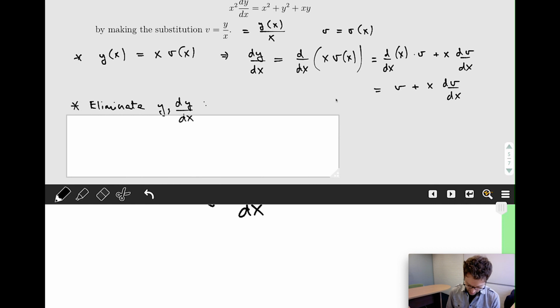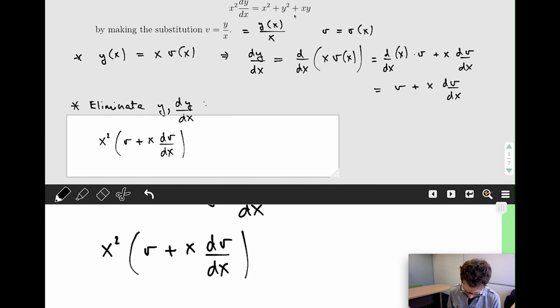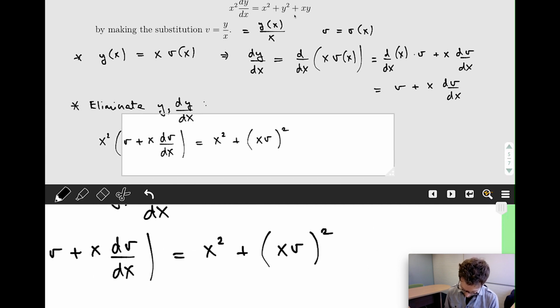So substituting that into that differential equation up here on top, I'm going to have x squared times dy dx. We saw that was v plus x dv dx is equal to x squared plus y squared, so y was x times v of x, plus x times v, so that's x times v.